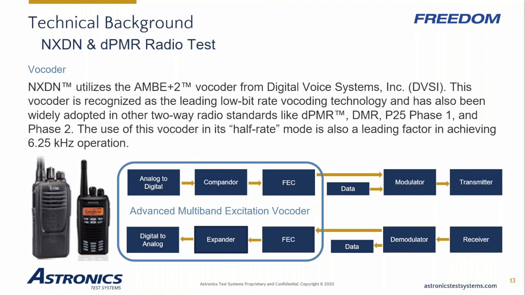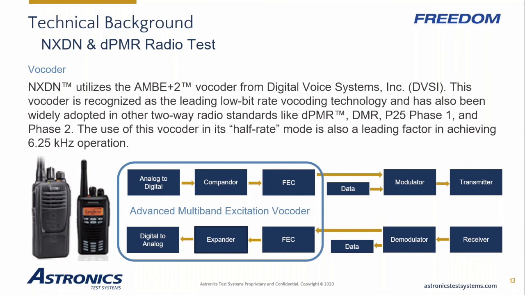Next, the digital data is compressed using a proprietary AMBE+2 vocoder developed by DVSI, Digital Voice Systems, and forward error correction bits are then applied so that the data can be perfectly recovered even with a few bit errors in the process. The resulting bit stream is then applied to the 4FSK modulator and transmitted.